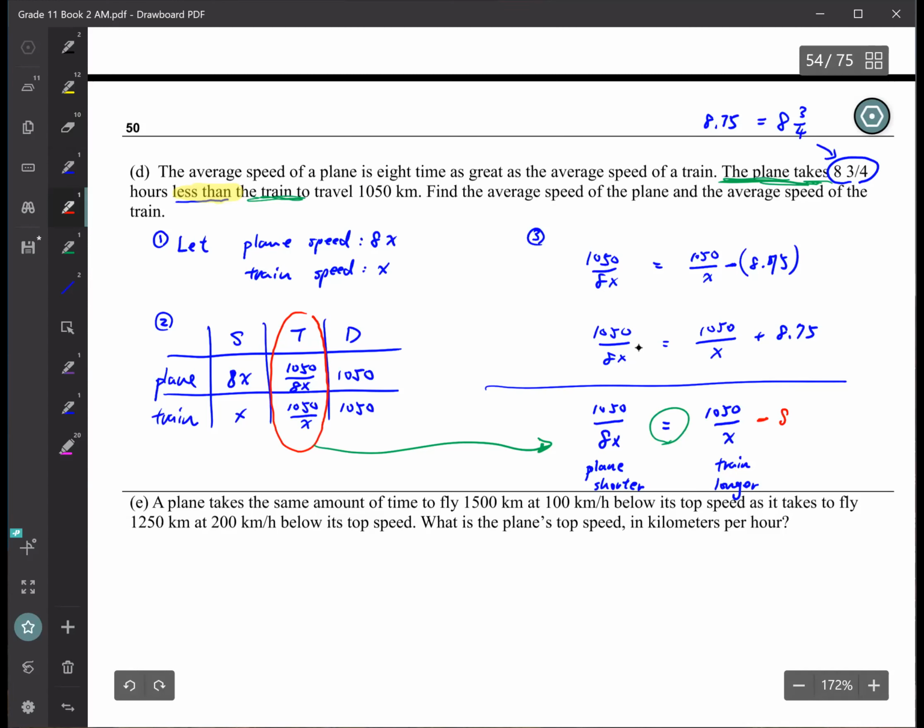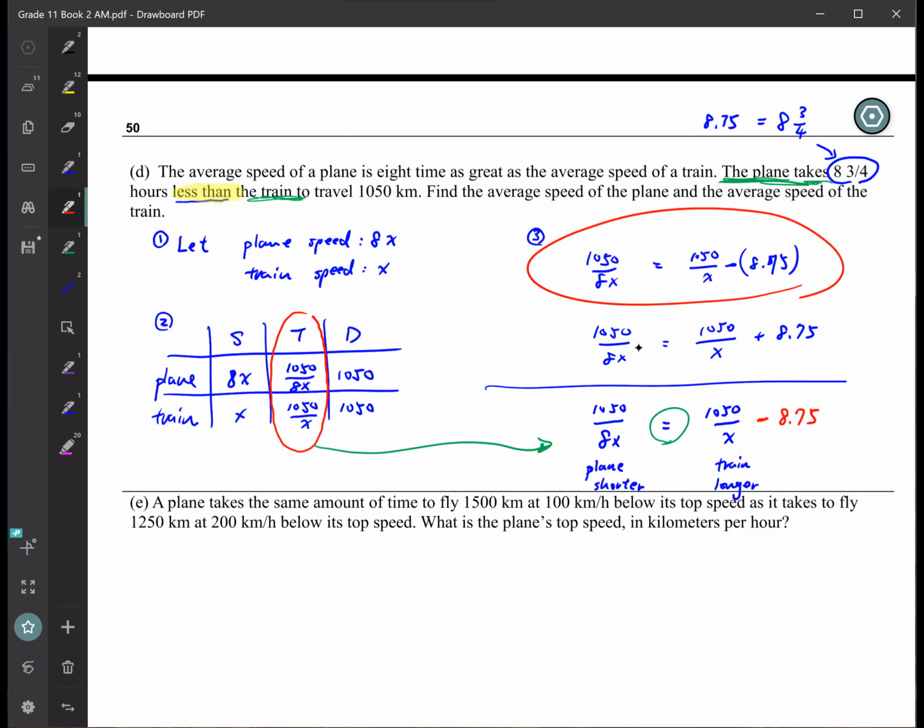So this one should be correct. Does anyone have questions? This is one way. If you want to do adding, then your adding should be on the other side, adding 8.75 to the shorter time.